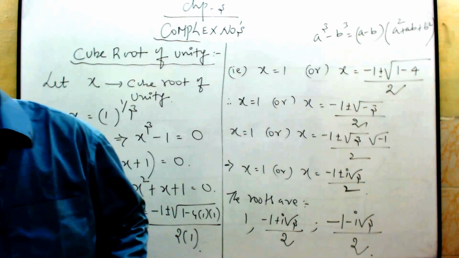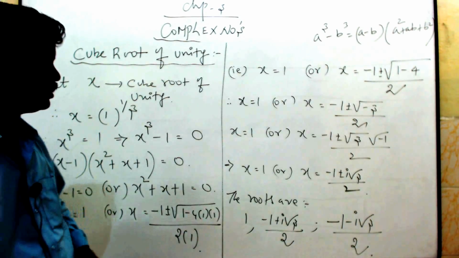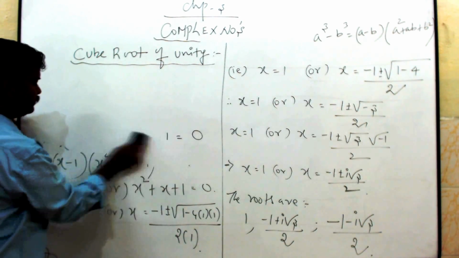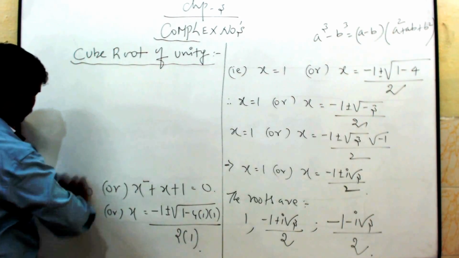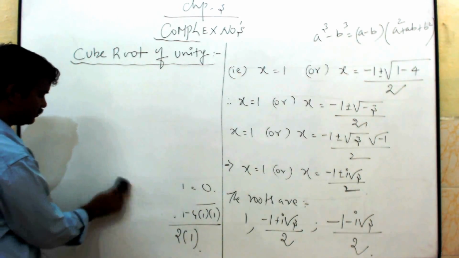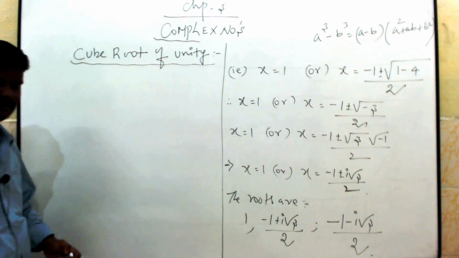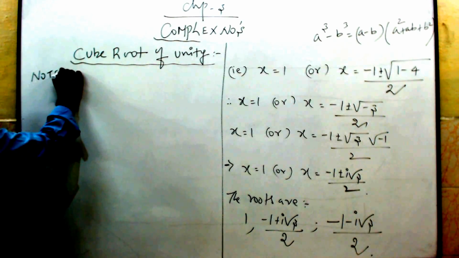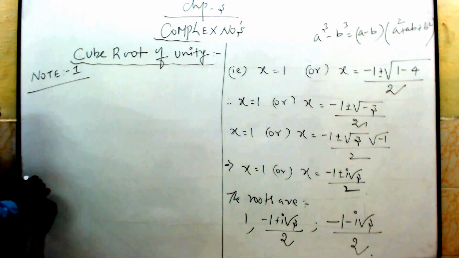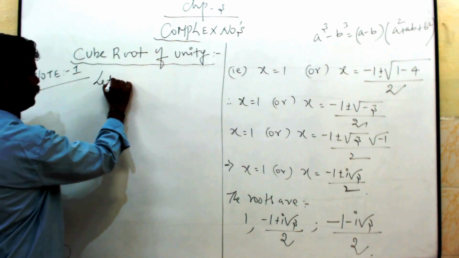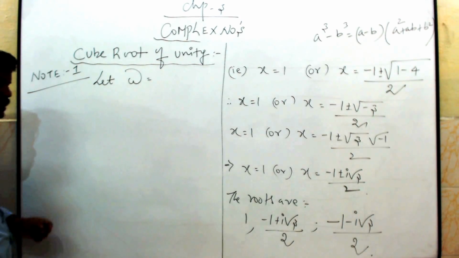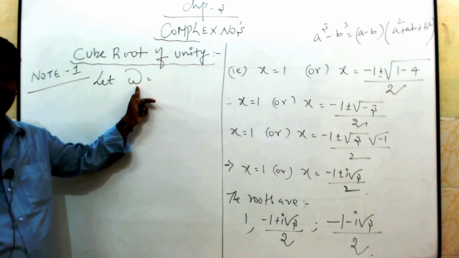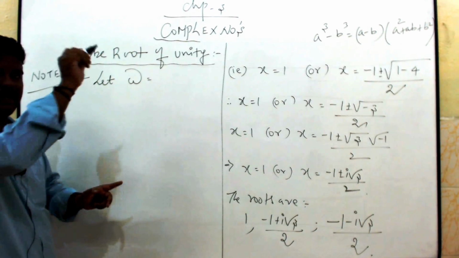The next one is, we'll have some notes regarding cube root of unity. Note number 1. Let us assume, this letter is actually called omega, right? W மாதிரி போட்டு அப்படி ஃபில்ட் பண்ணணும்.